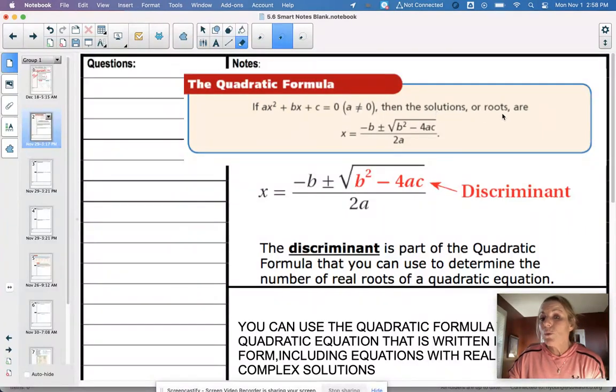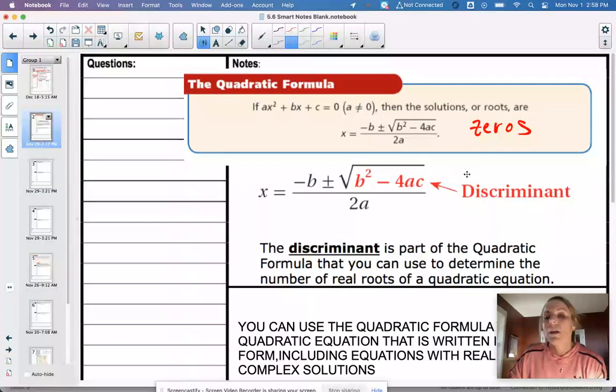Then the solutions or roots, or we can call them zeros, and sometimes they're x-intercepts, but if they're imaginary, they're not. So I'm not going to mention x-intercepts right now. We'll call them roots and zeros.